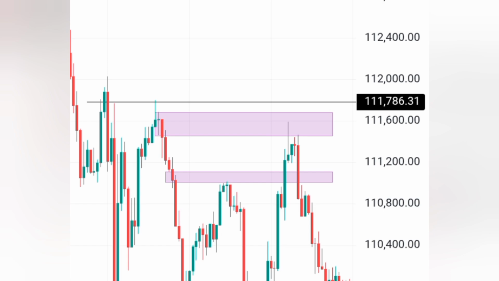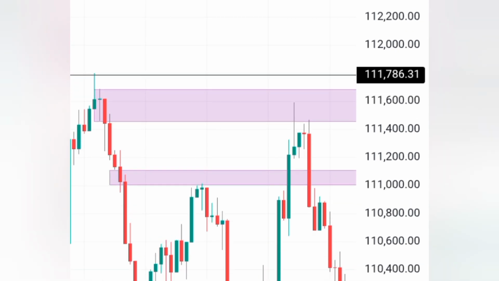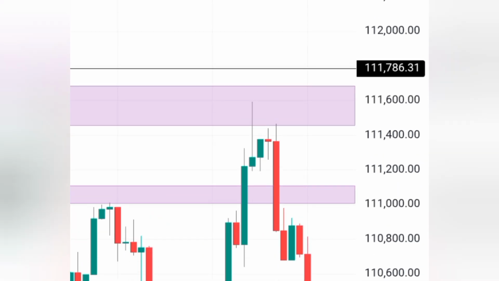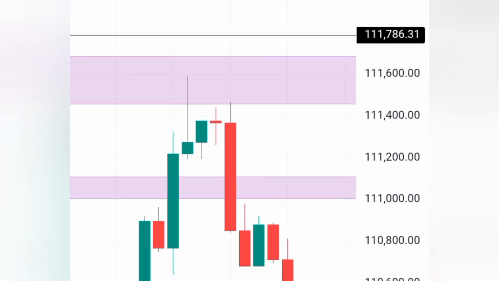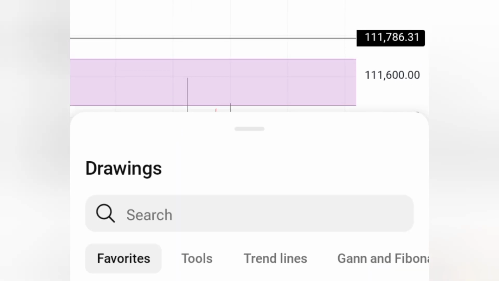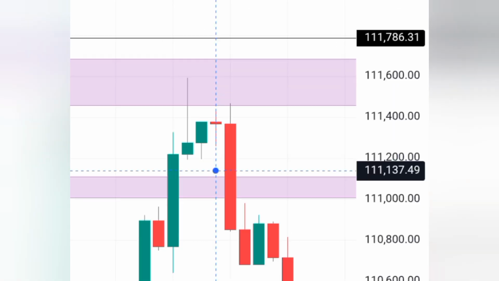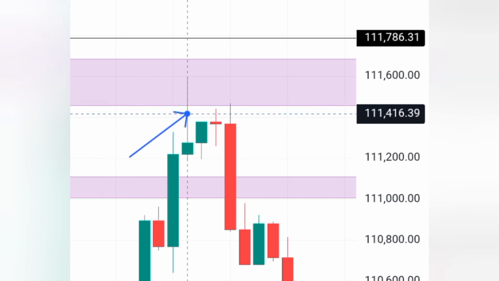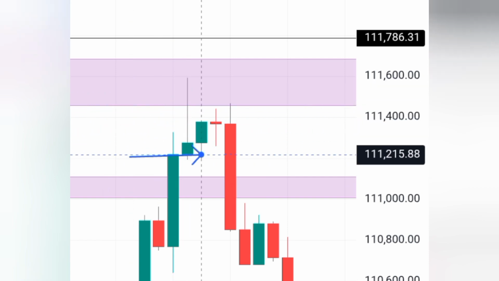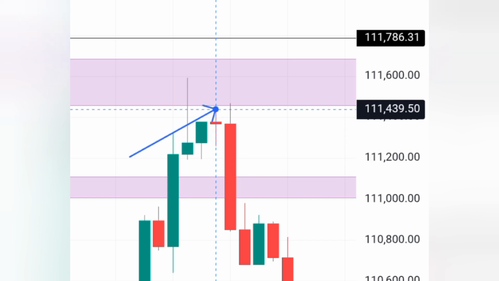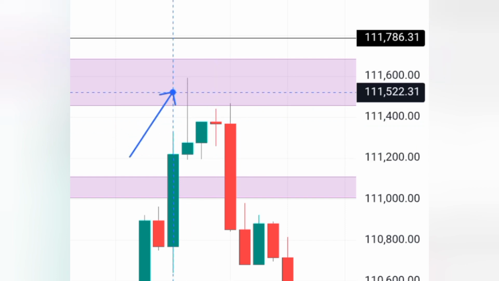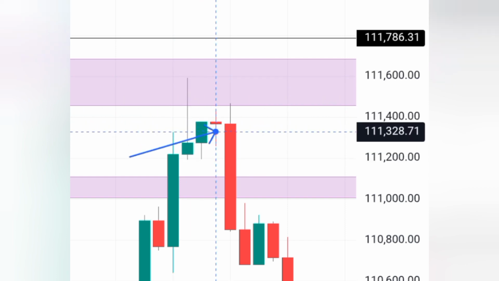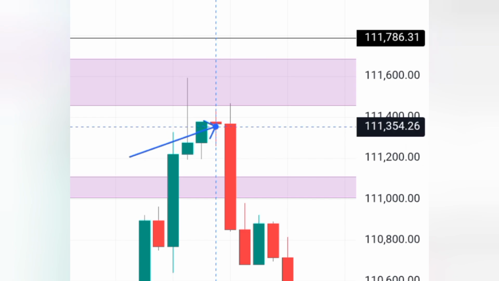Always when the market reaches your order block or fair value gap, you can see the reactions the market can make. Always you can see some candlestick confirmations on your zones. You can see that it wanted to make this candle confirmation for us, but it didn't. Then it came here and made this dodgy candle, because it wanted to make a hammer, but it made a dodgy candle on our order block.